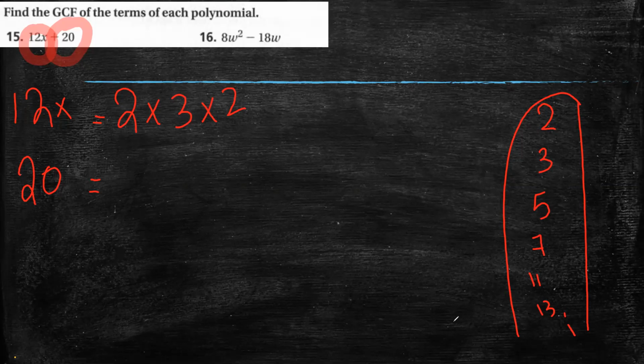Is it right? Yes, teacher. Okay. Then, how many x here we have? 1x. Keep it as it is.